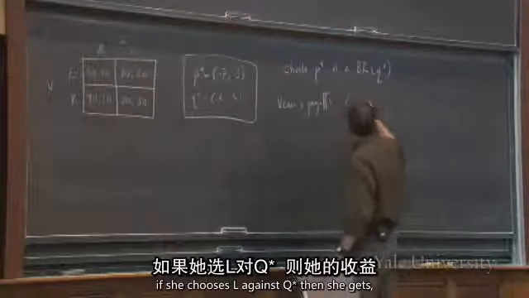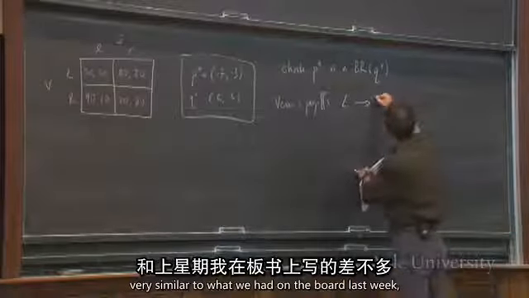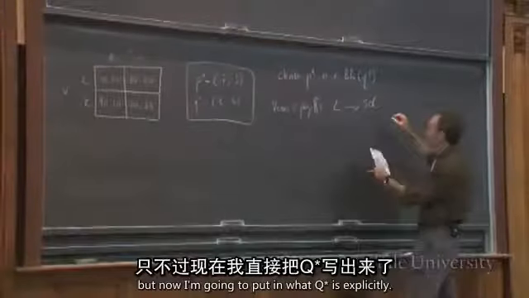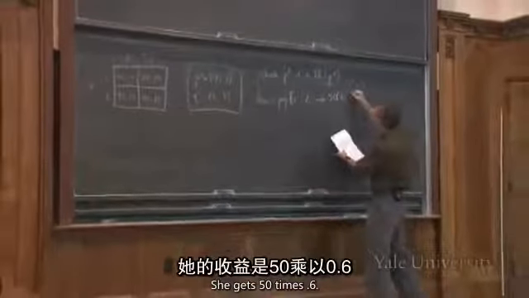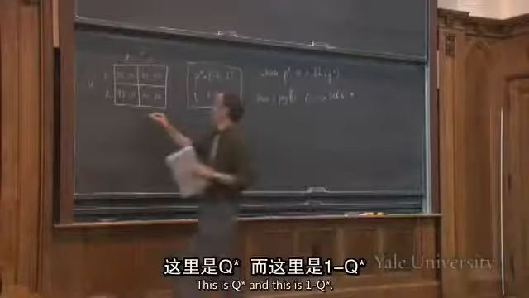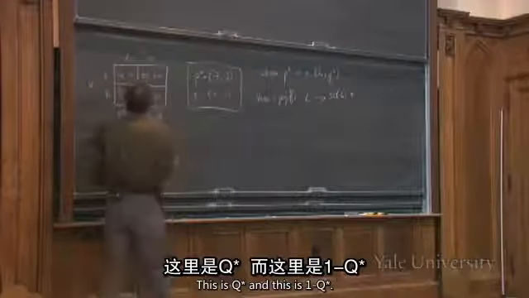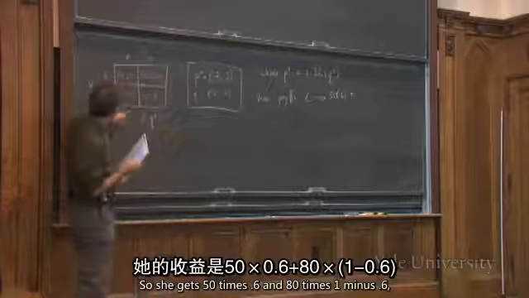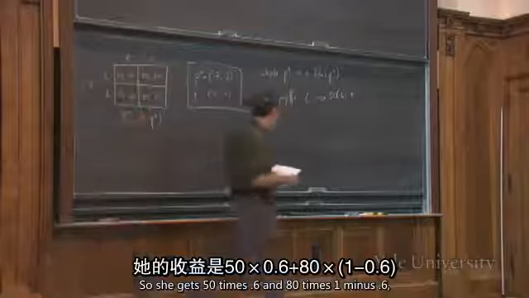If she chooses L against Q star, then she gets, very similar to what we had on the board last week, but now putting in what Q star is explicitly, 50 times 0.6 and 80 times 1 minus 0.6, which is 0.4.